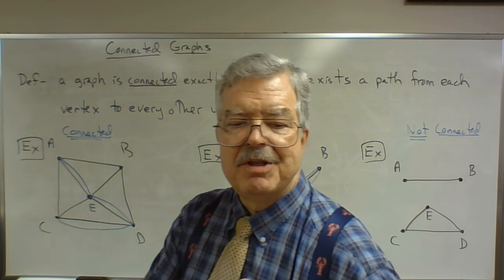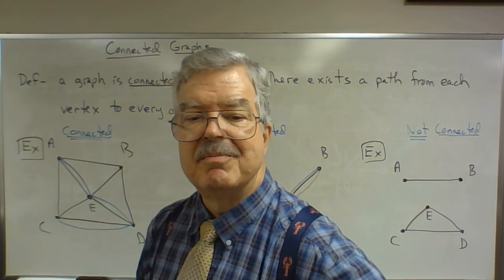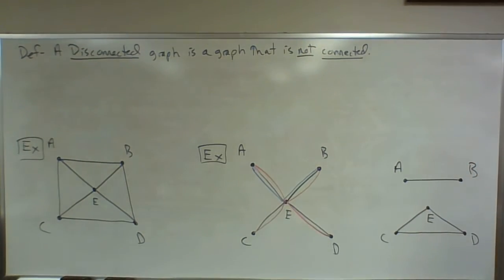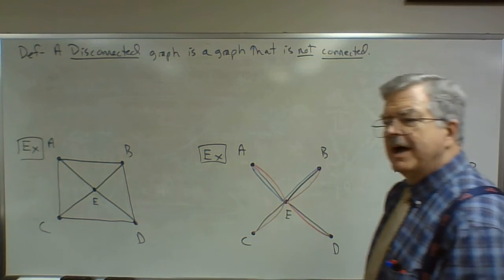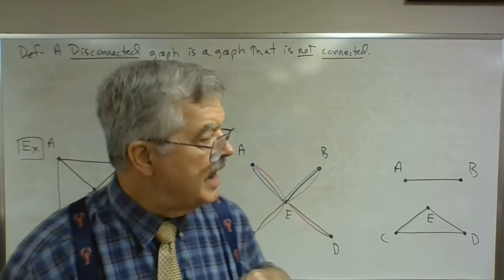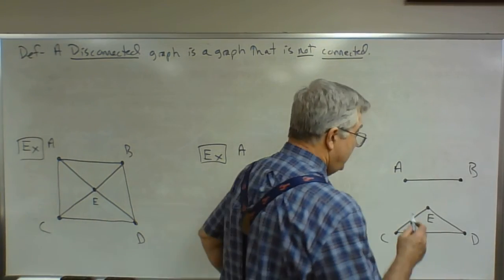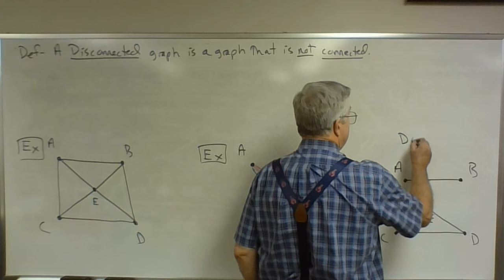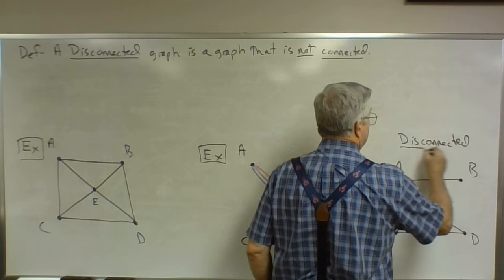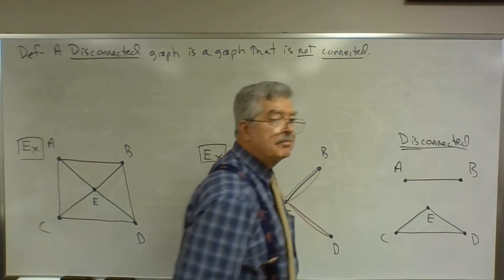One more little tidbit and we are done. Let me clarify something that I said just a second ago. I said this graph was not connected, and that's true. But there's a special term for a graph that's not connected. And we would actually say disconnected.